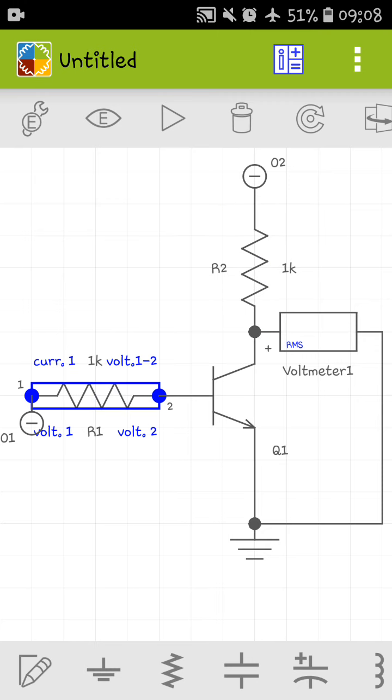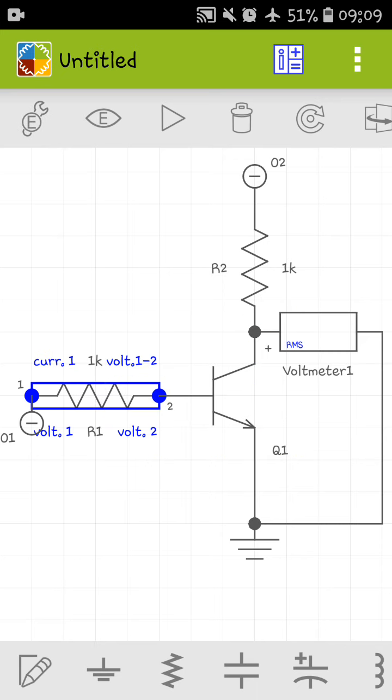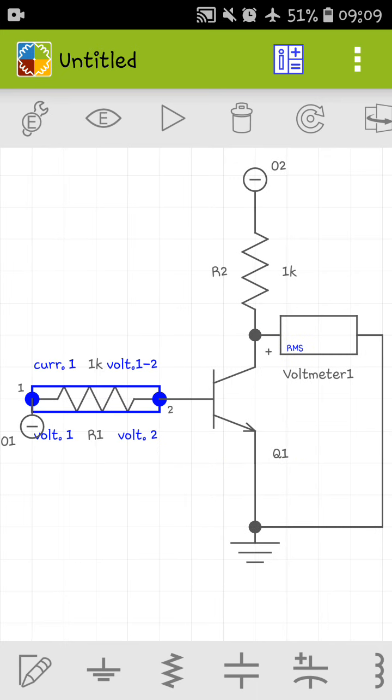Here this is the base terminal, and the base current is in the microamperes range. So in this case we take the base current as 50 microampere.